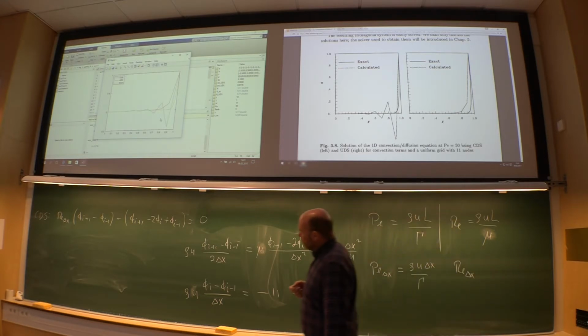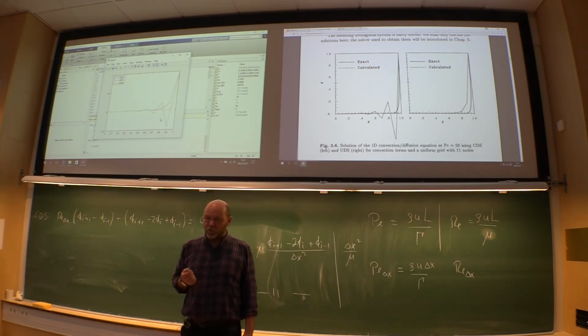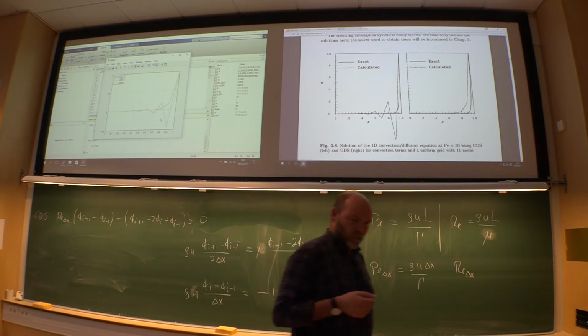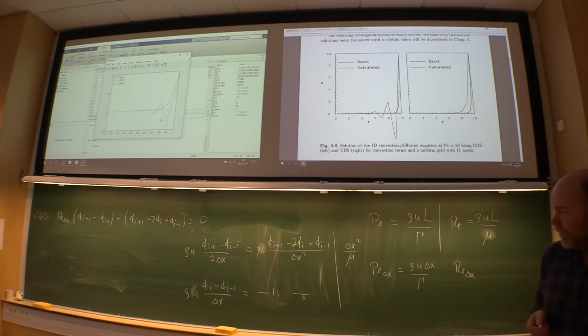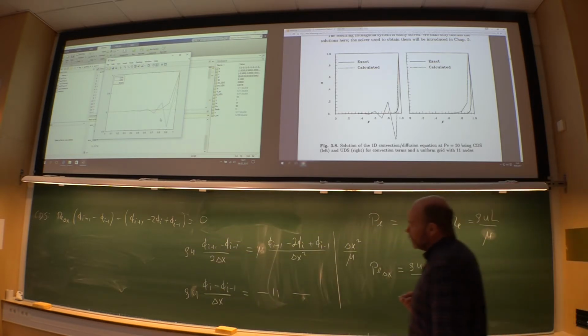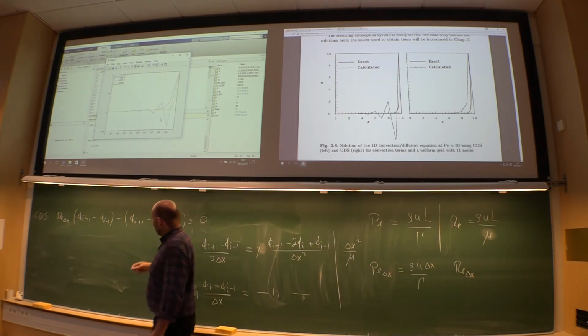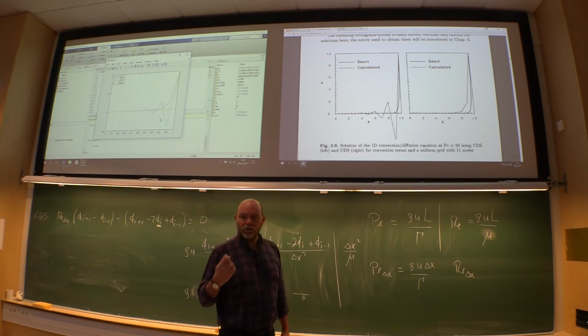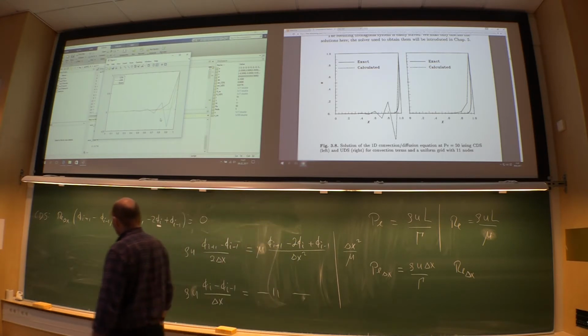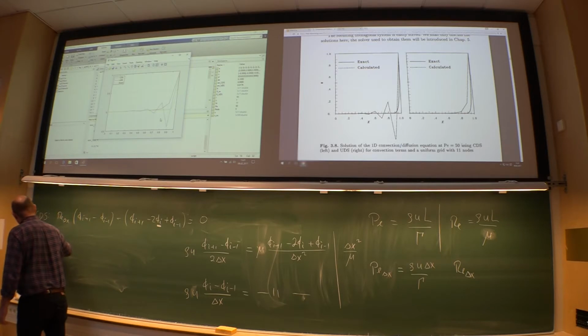Now, write this one in a form that you could program it if you want to use an iterative method. Very simple. Just focus on the center point. Isolate this one. Put it alone on one side. The center point, phi I equals.